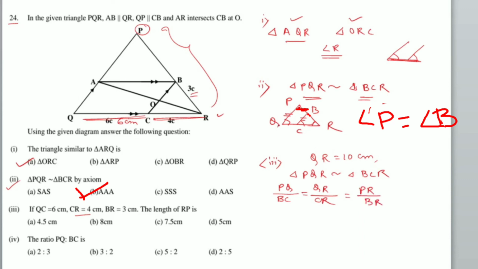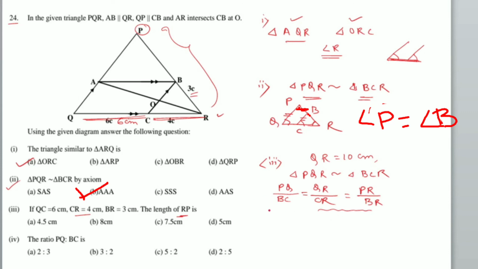This one by this one by this one, and at last this one by this one. We have to find out RP. So we take this portion because here QR is given, CR is given, and BR is given.